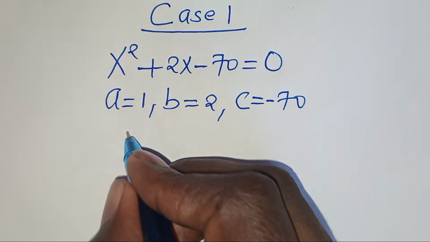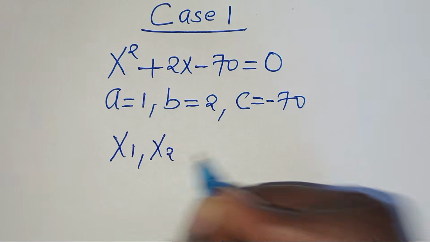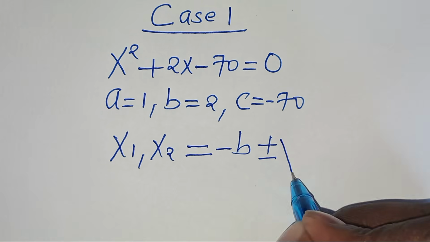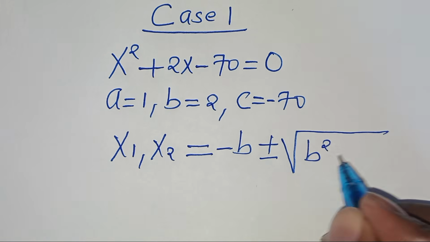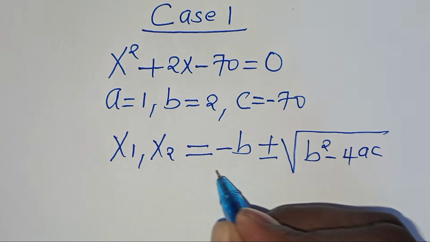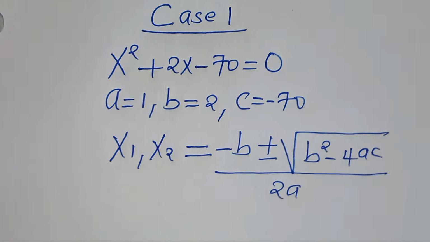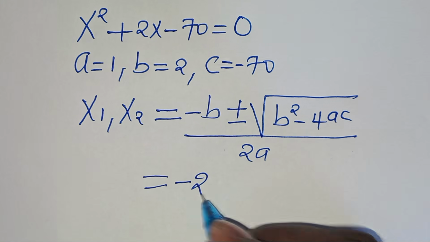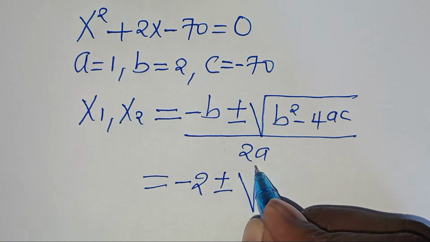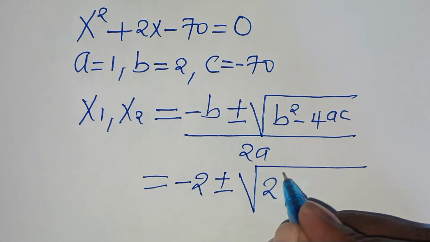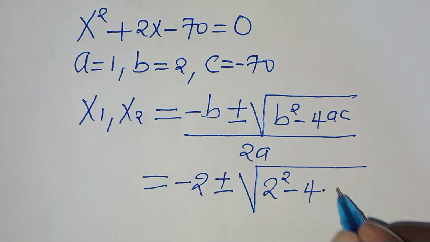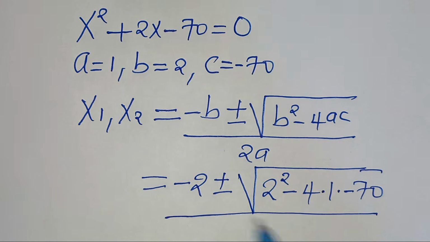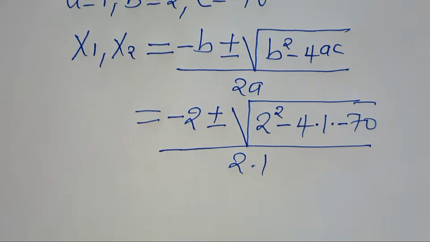Now the next step is that we can solve for x1, x2 by applying the quadratic formula, which is minus b plus or minus the square root of b squared minus 4ac divided by 2 times a. So let's substitute a, b, and c. So we have negative 2 plus or minus the square root of 2 to the power of 2 minus 4 times a, which is 1, times c, which is negative 70, divided by 2 multiplied by 1.